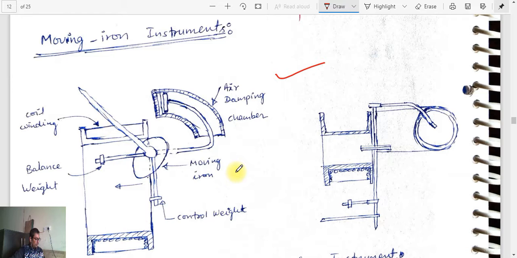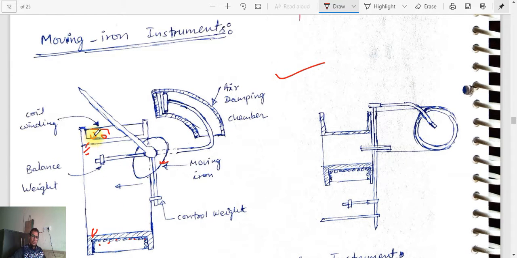In the attraction form of the instrument, a small piece of iron is drawn into the core of the coil. This is the core, and this is the coil placed in this section.